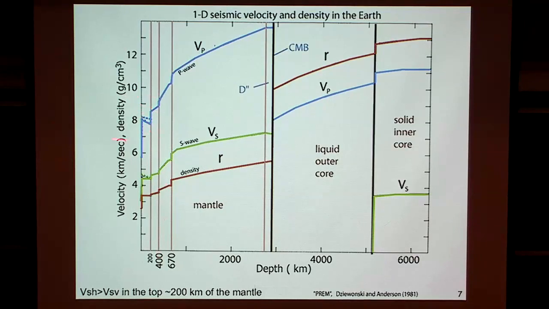It reflects the fact that this anisotropy is strongest in this shallow part, and connects to an isotropic model below 220 kilometers. There's also evidence in some regions, but not globally, that there might actually be a discontinuity at about this depth.